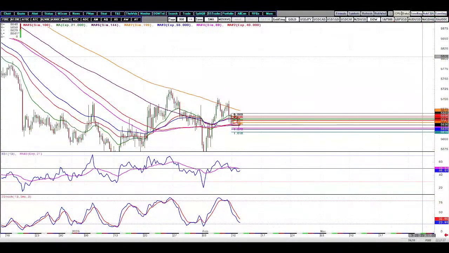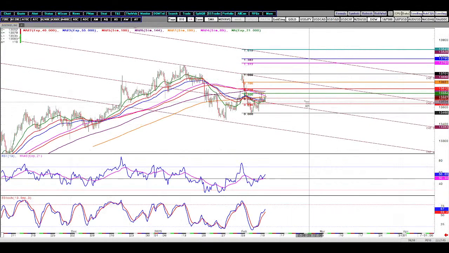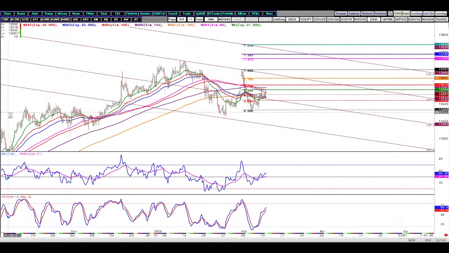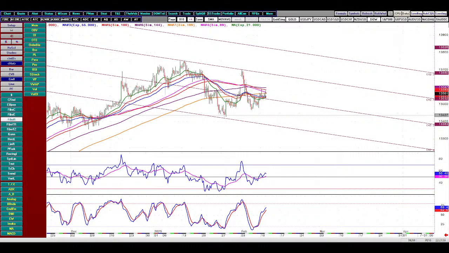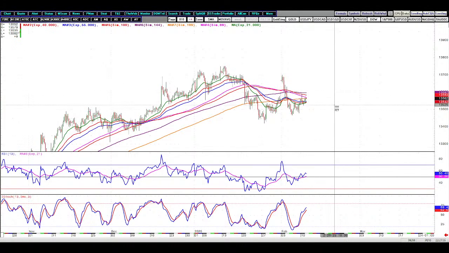So let's see what we have on the chart. Okay, the market is creeping higher. That doesn't mean this is in an uptrend. It's just going to move higher, then eventually should come down.